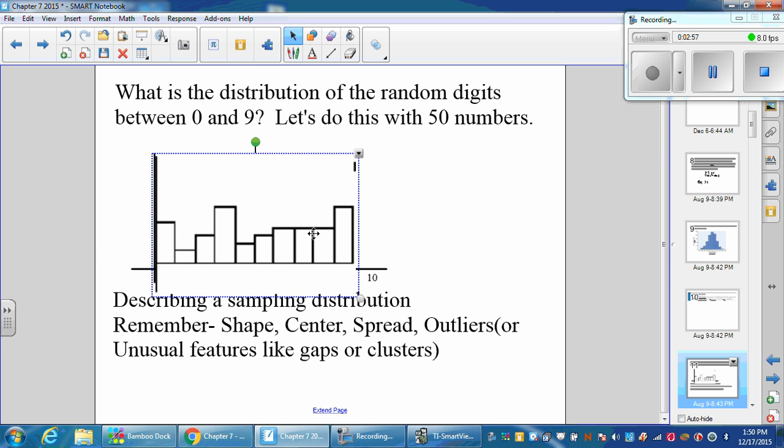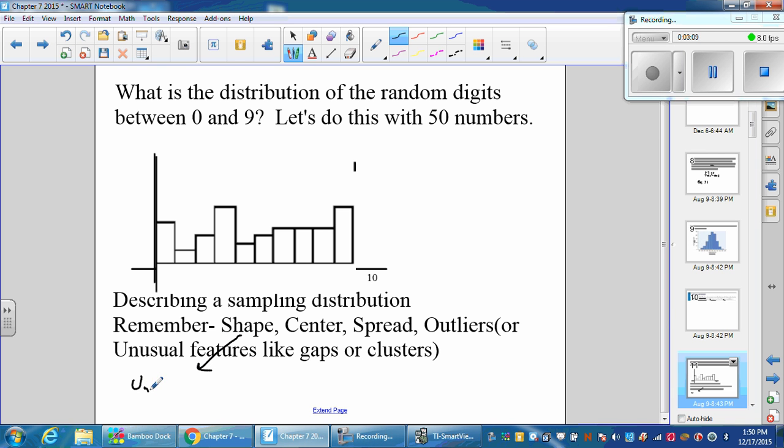Now, if I wanted to describe this distribution, we talk about the shape. It's kind of symmetric, but the main way to describe this shape would be uniform. It's pretty straight across the probability. Sometimes it's a little up, sometimes a little down, but I would call this a uniform distribution. The center of the distribution is going to be somewhere in the middle.